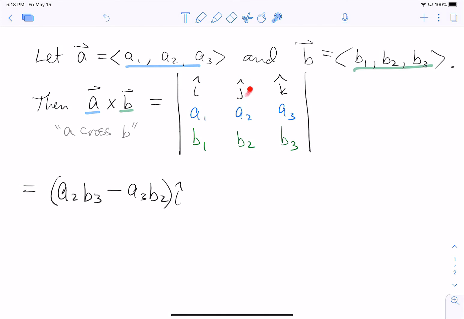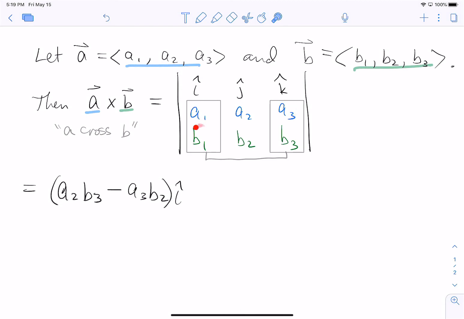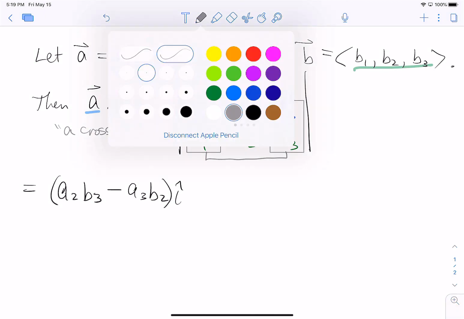We move on to the j entry, and in order to compute the minor of j, we cross out the row and column that contain j, and we're left with a1, a3, b1, b3, and we multiply on the diagonal.